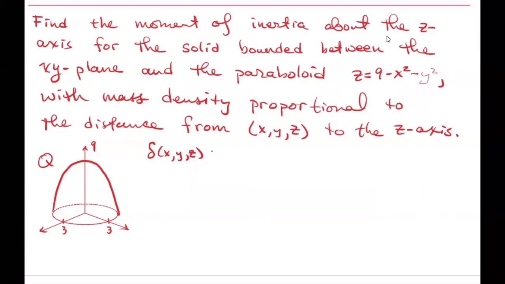So that is by definition r, and it says it's proportional. So this is k times the square root of x squared plus y squared, which is the distance to the z-axis. Okay. So that's the mass density function.